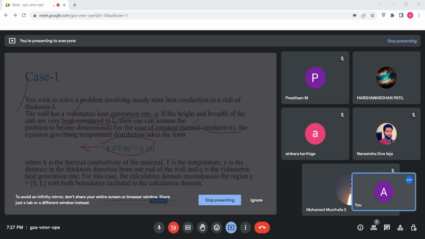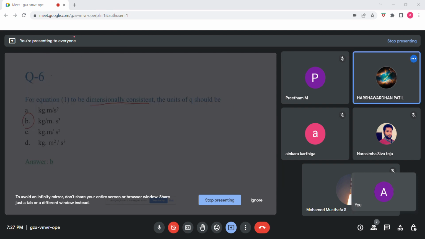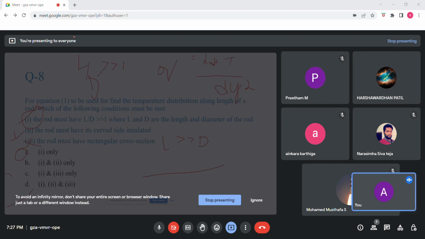So to get the application of this equation, it is sufficient if L is very much greater than D. These questions are followed by the given case, so we can match it with the scenario and match it for this problem. Okay.